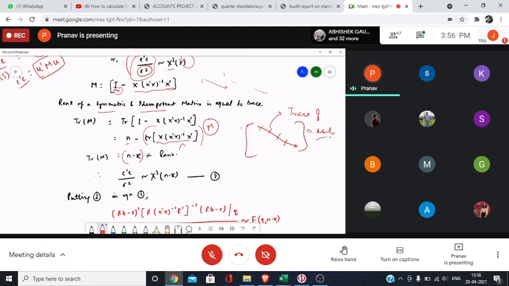So this statistic E transpose E upon sigma square is a chi-square distributed variable with the degree of freedom given by n minus k. Just for the time being, just understand this part.